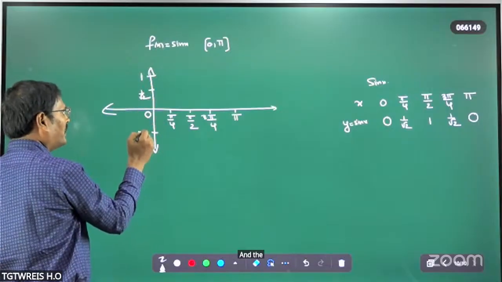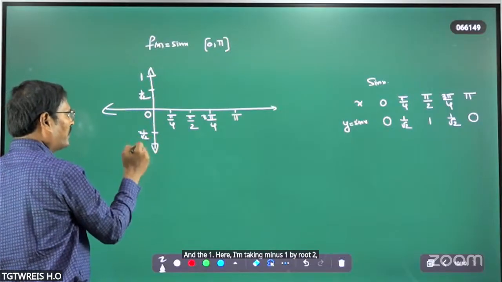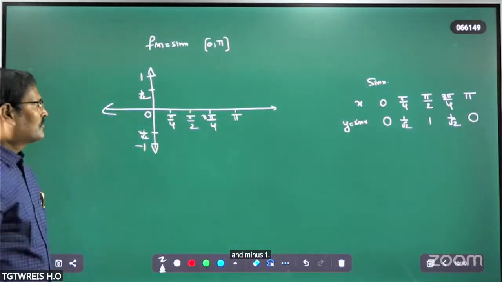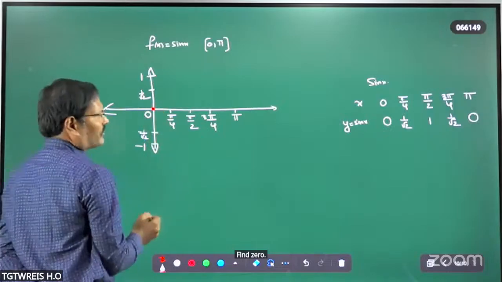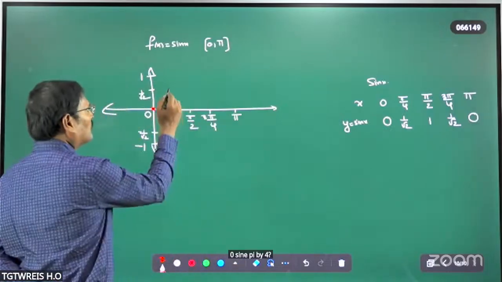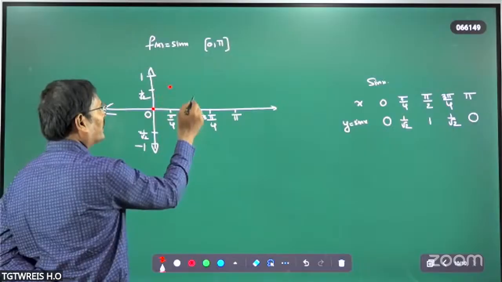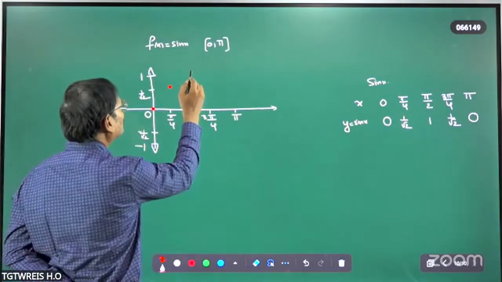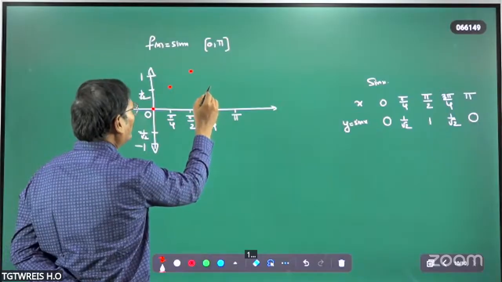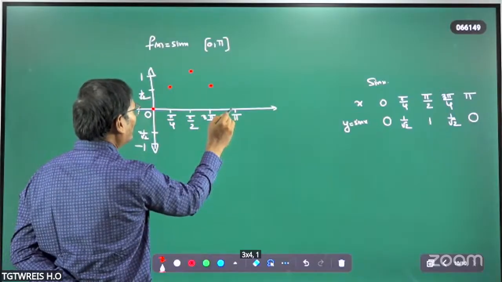Here I am taking minus 1 by root 2 and minus 1. Sin 0 is 0. Sin pi by 4 is 1 by root 2. Sin pi by 2 is 1. 3 pi by 4 gives 1 by root 2, sin pi is 0.